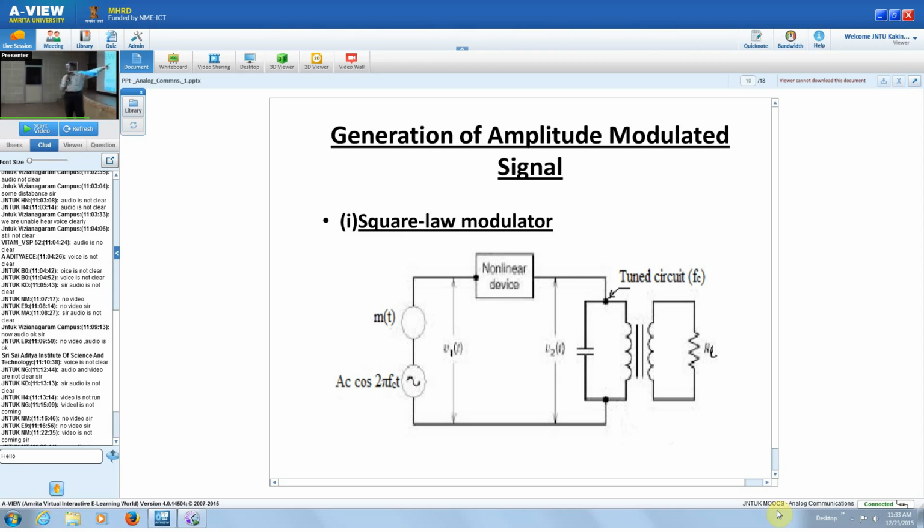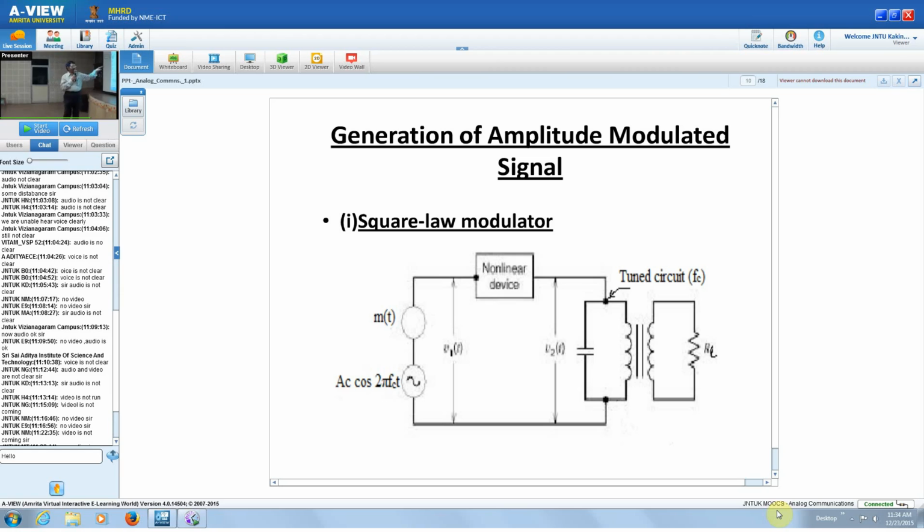Then a single tuned circuit, shown here as our band pass circuit. You may have a double tuned circuit also to get the center frequency exactly and the required transmission bandwidth. So this is the circuit diagram for a square law modulator.